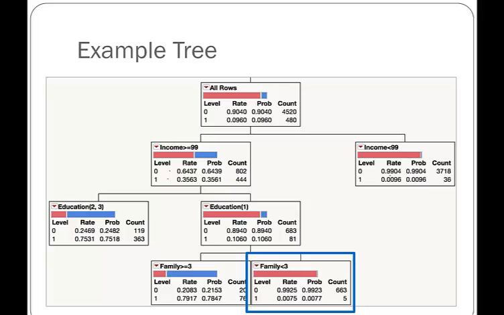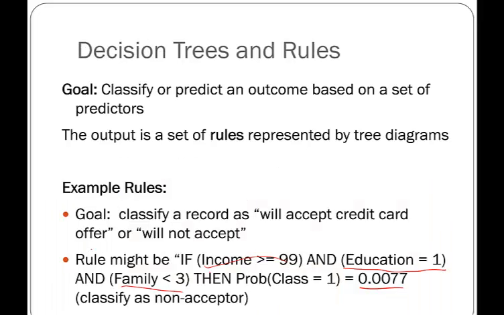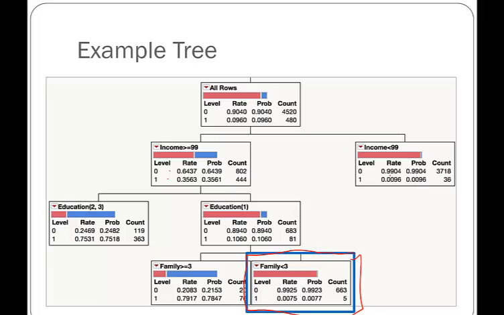We use trees to describe what's going on here, and this terminal node corresponds to this rule right here. So let's break this down. We have 5,000 data points, 4,520 are zeros and 480 are ones, so we see the proportion or probability associated with those.